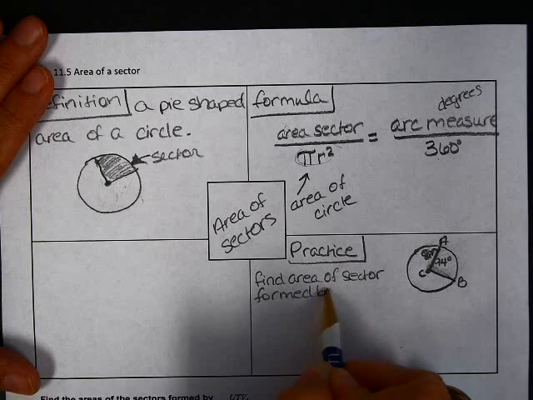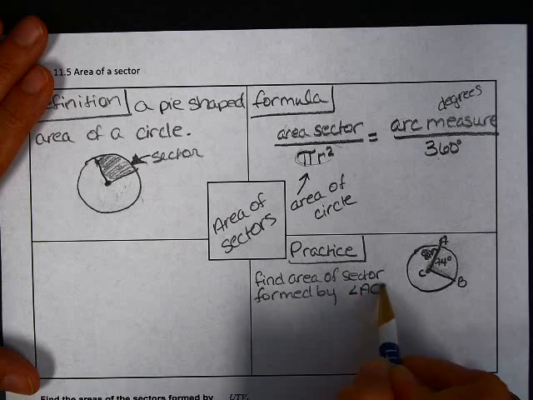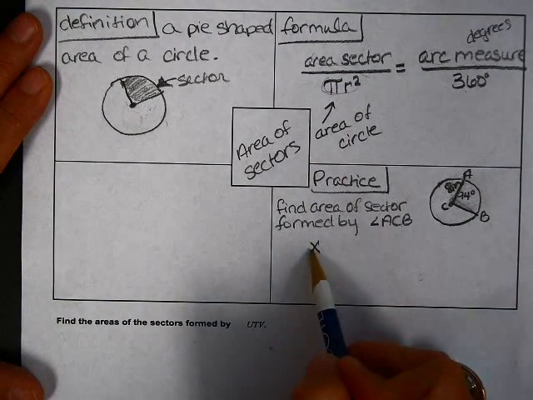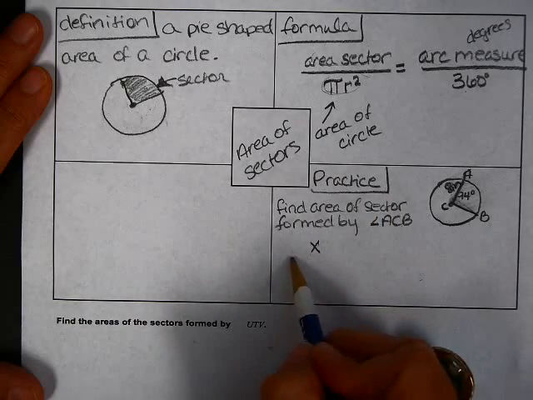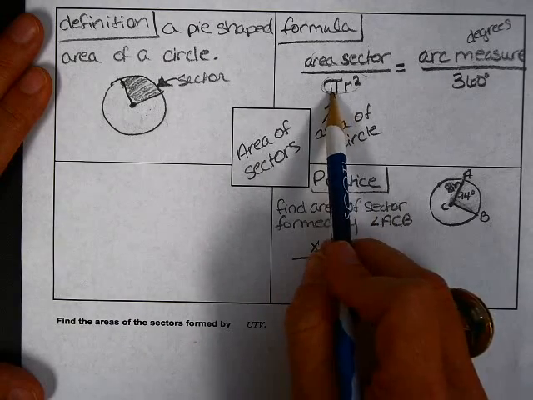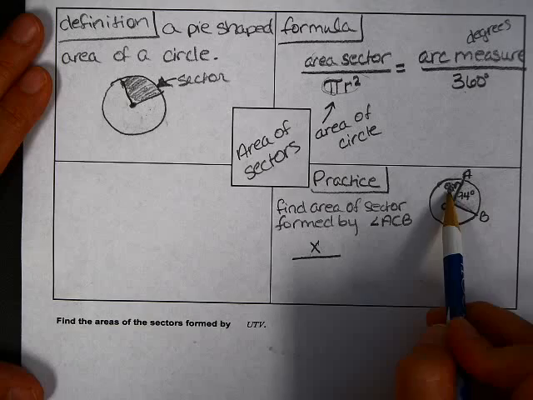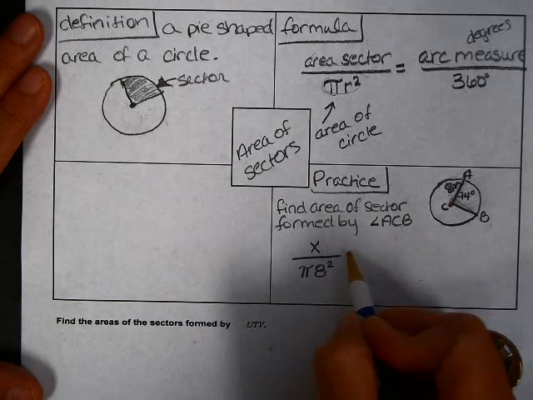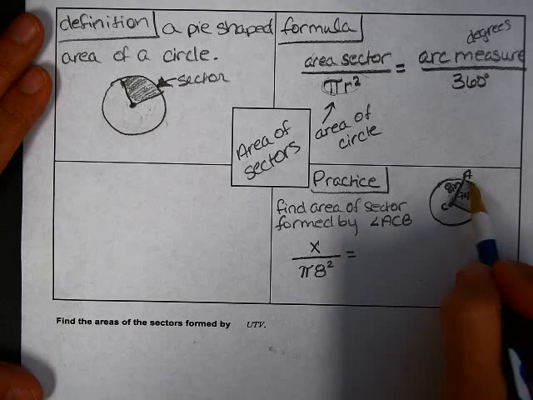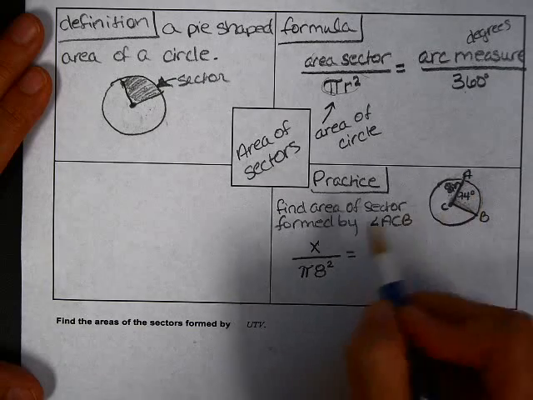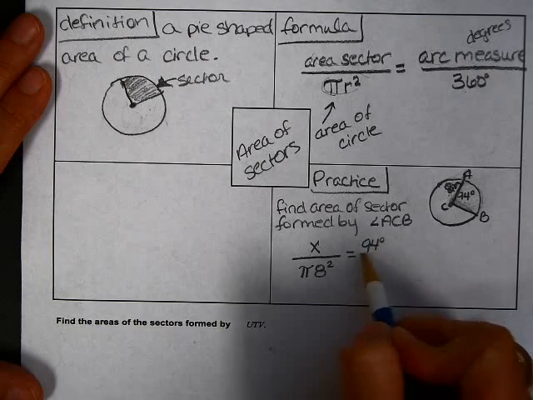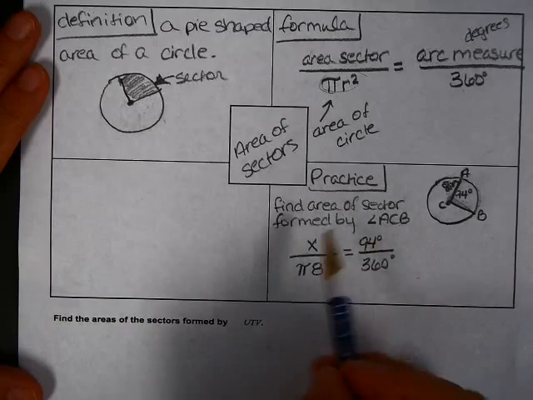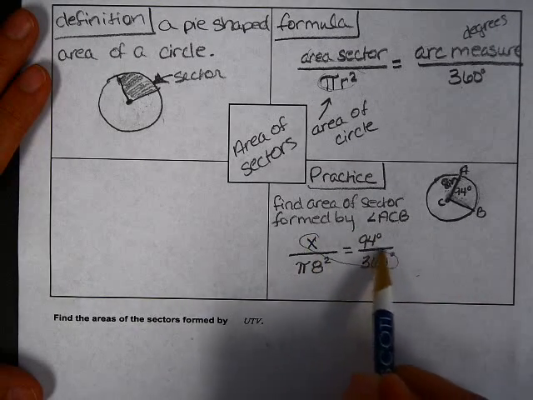The area of the sector is x. We don't know that. The formula for the area of a circle is pi r squared. So for r, we're going to use 8. So that's pi 8 squared. And the measure of this arc is 94 degrees, and that's over 360 degrees. So just like we did arc length, we're going to do cross products.